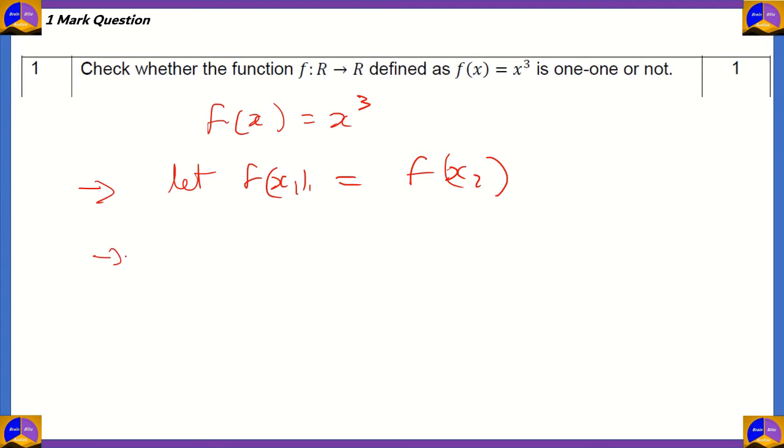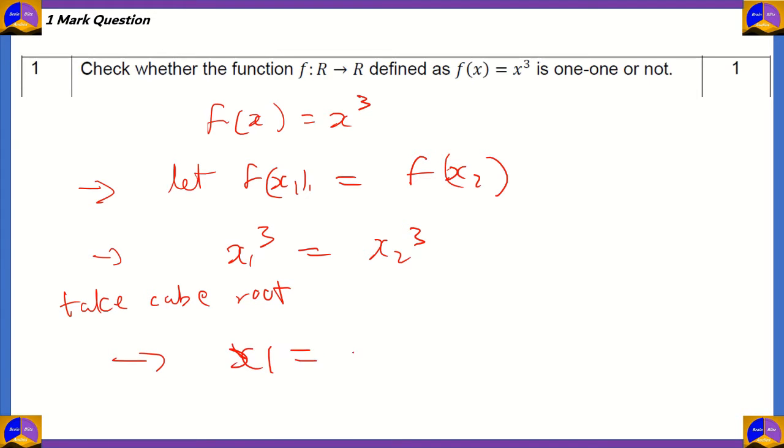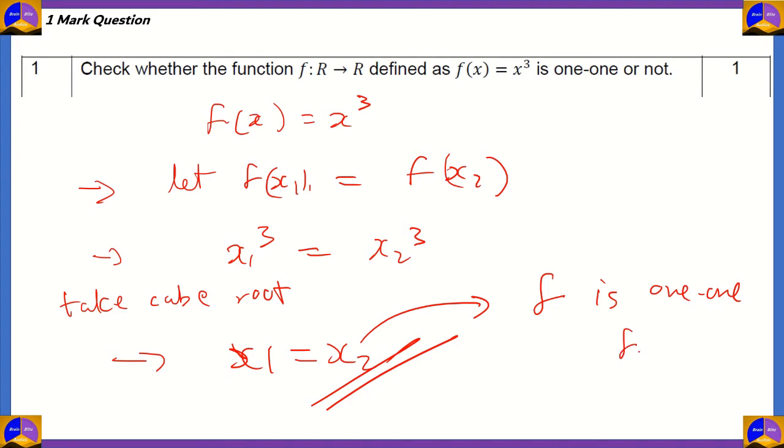So for x1, the function f will be x1 cubed, and for x2, the function again will be x2 cubed. So x1 cubed is equal to x2 cubed. We just take the cube root in order to get the relation: x1 is equal to x2. So when x1 is equal to x2, the function f is a one-one function.